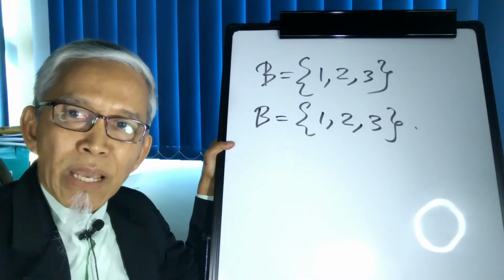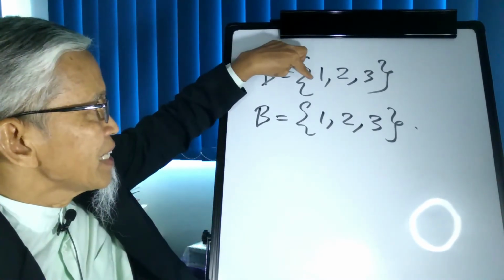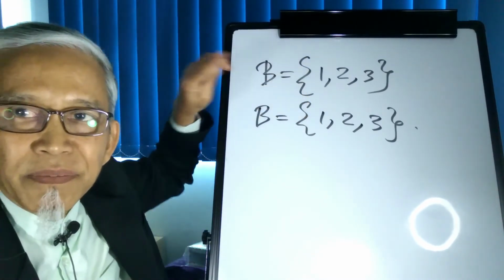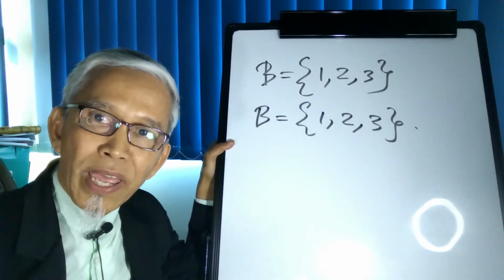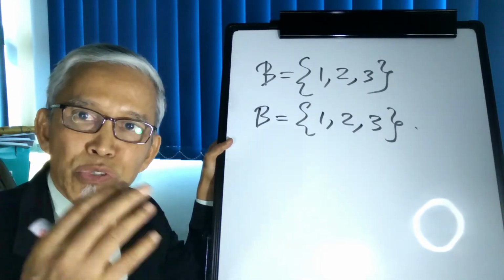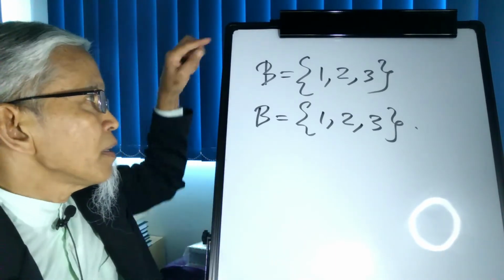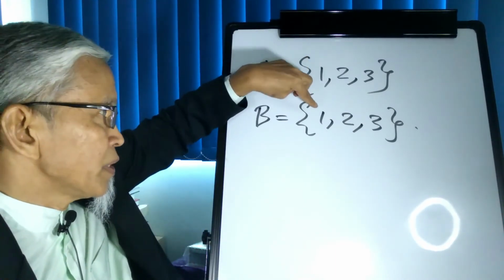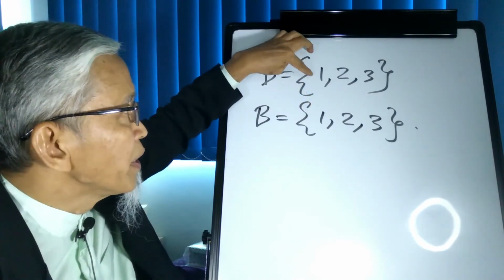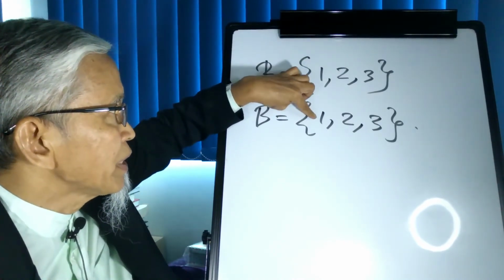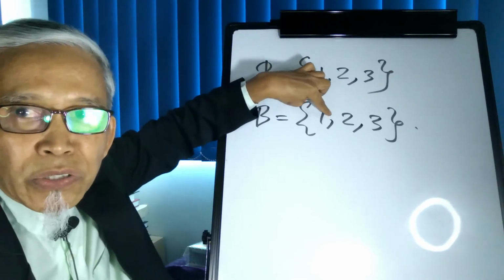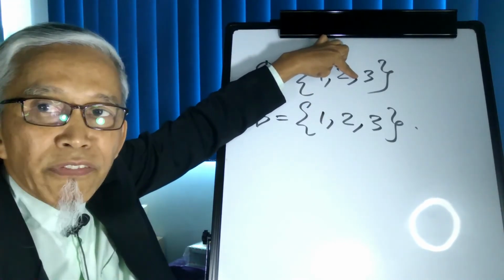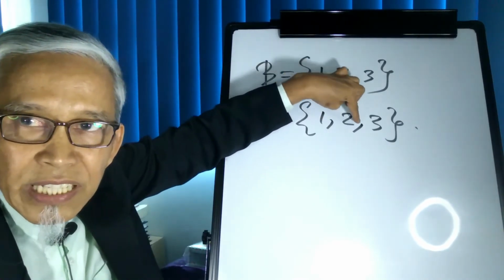Now we want to check whether this set is a subset of this set. What we have to do, according to the definition, is check whether each element in this set is an element in this set also. Let's see. 1, we have up here, we have down here. 2, we have here, we have 2 also here. 3, we have in this set, and also we have 3 in this set.